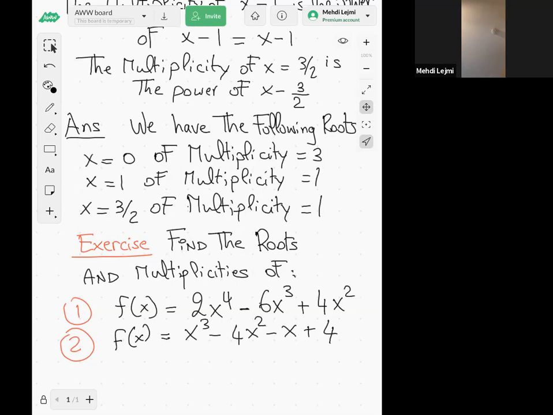Please let me know, guys, if you have any question. Right. So any guess for number one? What will be the roots and the multiplicities of the first function?